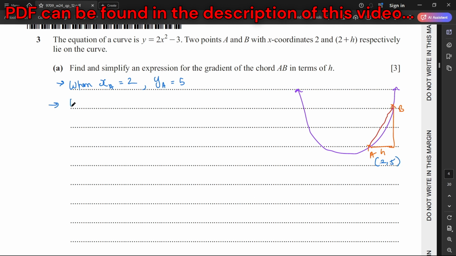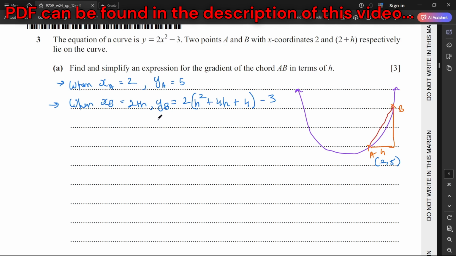Similarly, when I put the input of x for the B coordinate as 2 plus h in the equation, what will I get for yb? So 2 is as it is, and then I need to square the x value. So in this case, I need to do 2 plus h square. So the square of h is h square, then 2, that is on the square, then this 2 and this h, if I multiply them together, I'll be getting 4h. And then finally, the square of 2 is 4, minus 3.